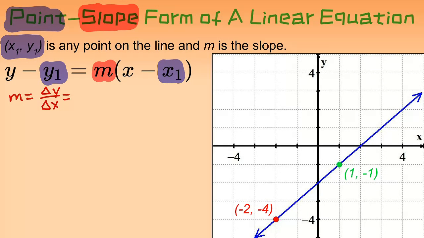Well, remember that when we find slope, delta y over delta x, we can go y1 minus y2 over x1 minus x2.